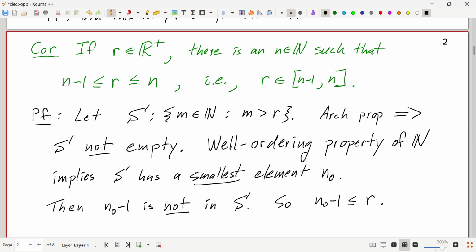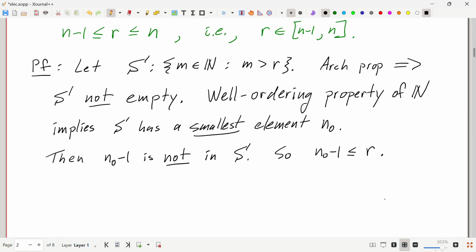And therefore, in fact, what we see here is that r is in n naught minus 1, and I proved that it was less than n naught.